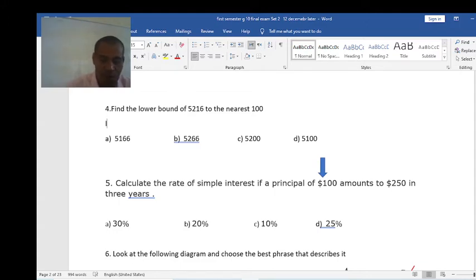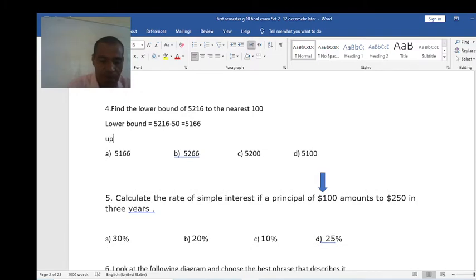So the lower bound, my learners, is equal to 5216 minus 50, which is equal to 5,166. This is the lower bound.